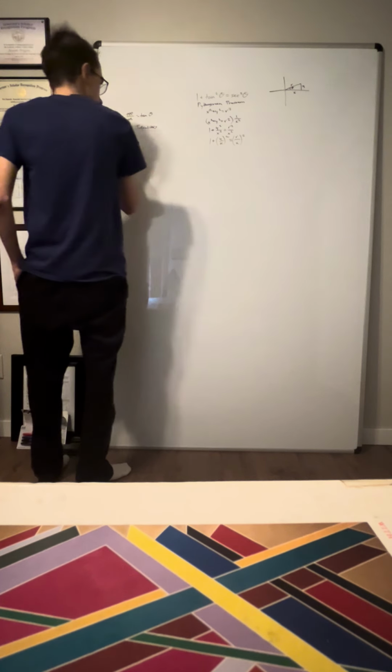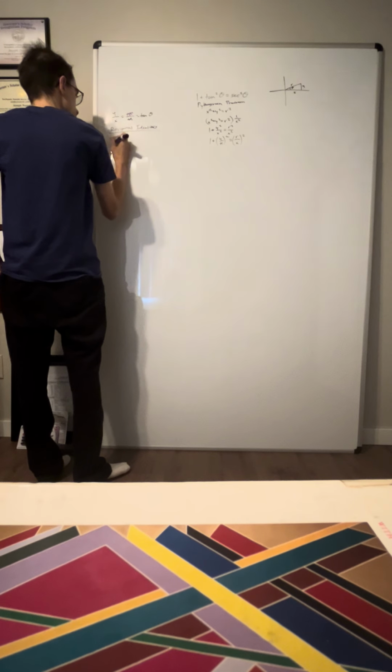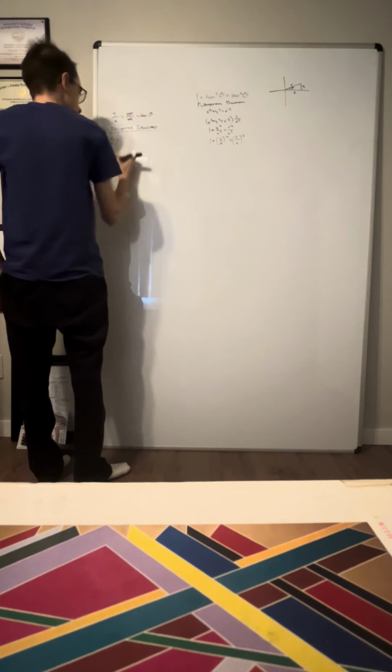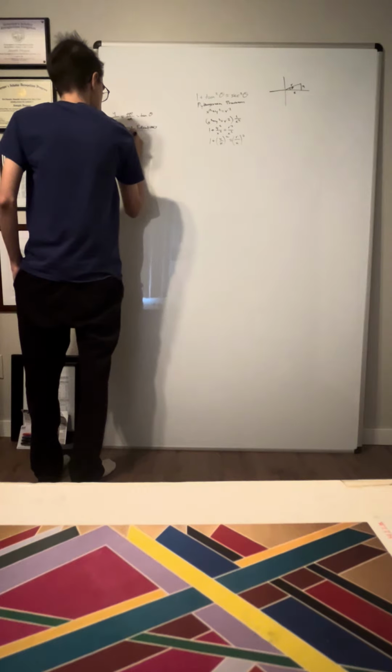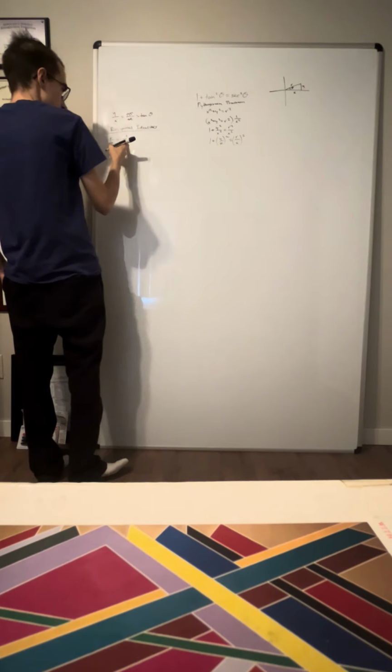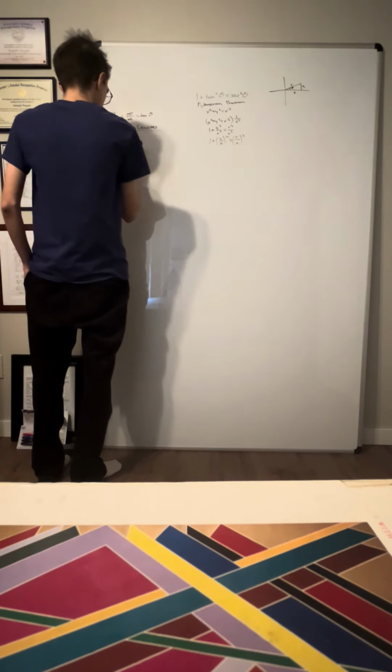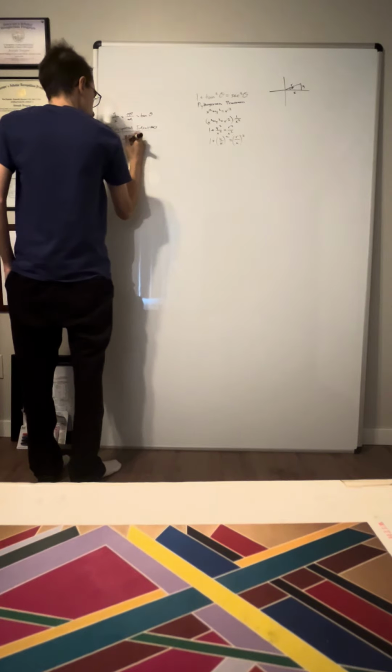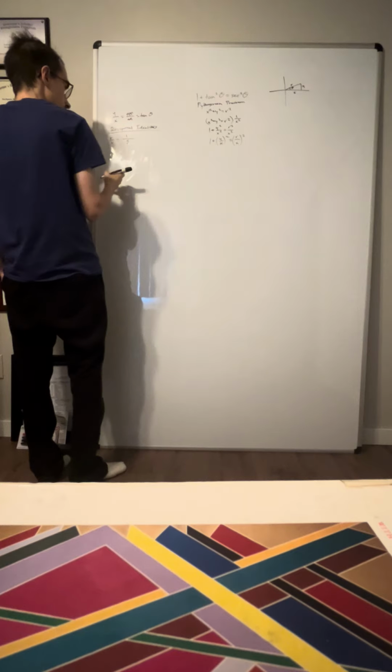But okay, so let's say that we're going to take our r over x, and the idea here is that this can actually just be rewritten in a different form as 1 over x over r.